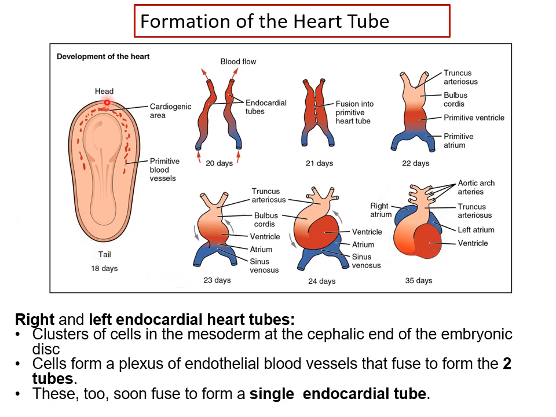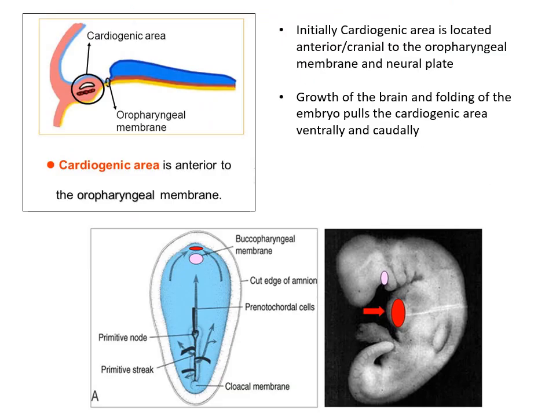Now folding of the embryo also has a role to play, because this embryo will fold craniocaudally and laterally, thus bringing these two heart tubes together, and then the fusion happens. So sagittally, if you see the relation between the cardiogenic area, which is anterior to the oropharyngeal membrane, and the pericardial cavity, initially it is dorsal.